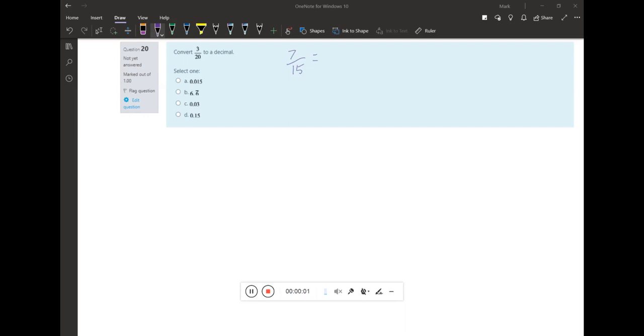All right, so this is the last one here. It's converting a fraction to a decimal. There are a few different ways to do this. Basically it's just recognizing that the fraction is like a division. So it's saying 7 out of 15, or 7 divided by 15.